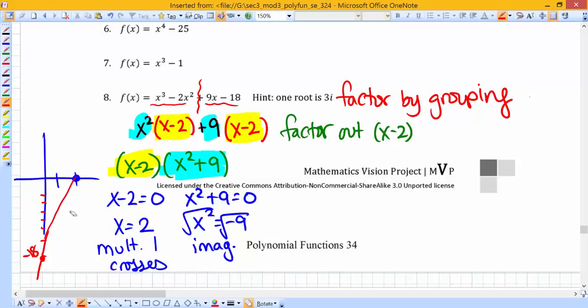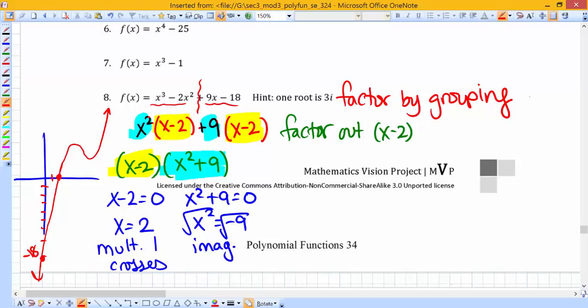Actually that's a horrible looking graph. Let me fix this. There, that's more accurate. So here's the 2, and it's got to cross through the 2. So it starts up, it crosses, and then somewhere up here it's going to go back down and then back up. So if you check on Desmos, it's going to look something like that.